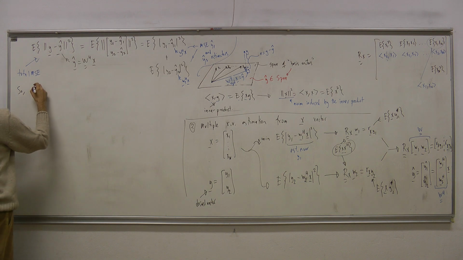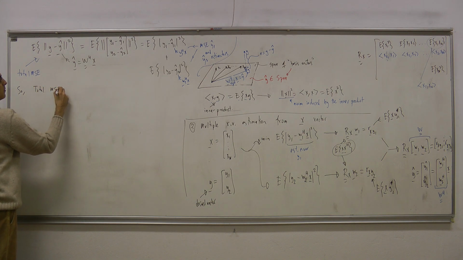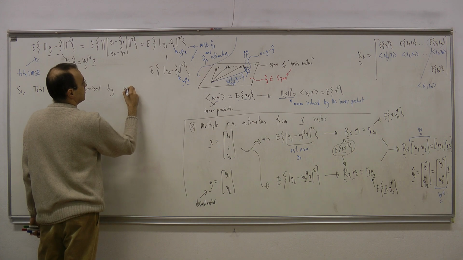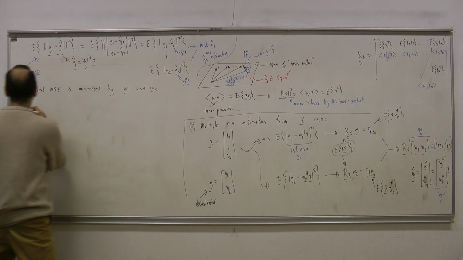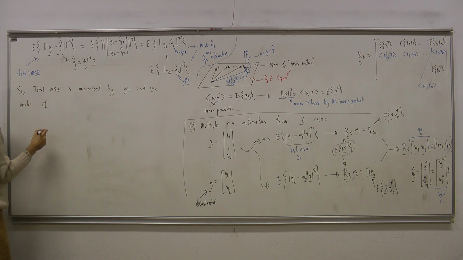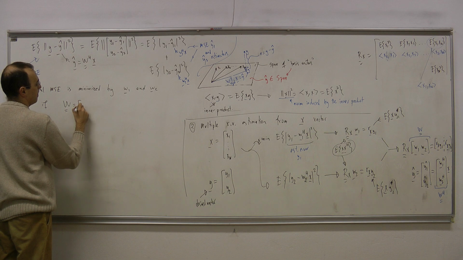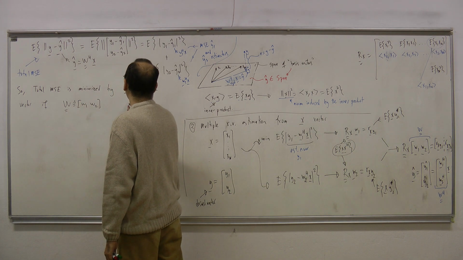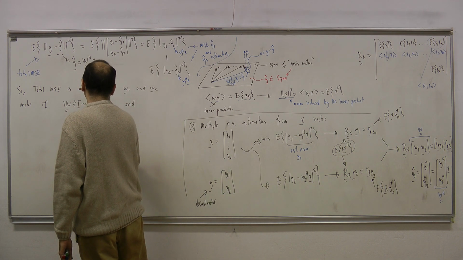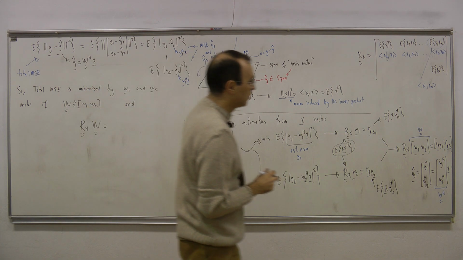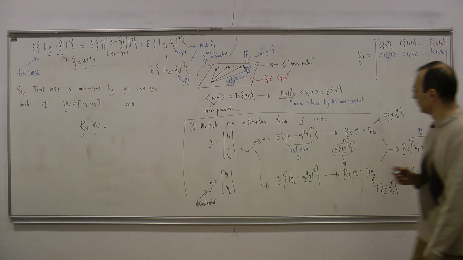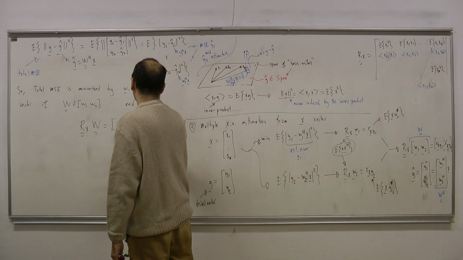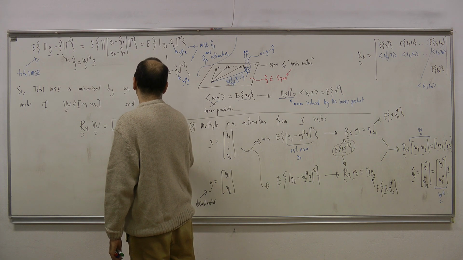So total MSE is minimized by W1 and W2 vectors if I define this W matrix as W1, W2, and Rx of W is equal to this, okay? Rx y1, Rx y2.